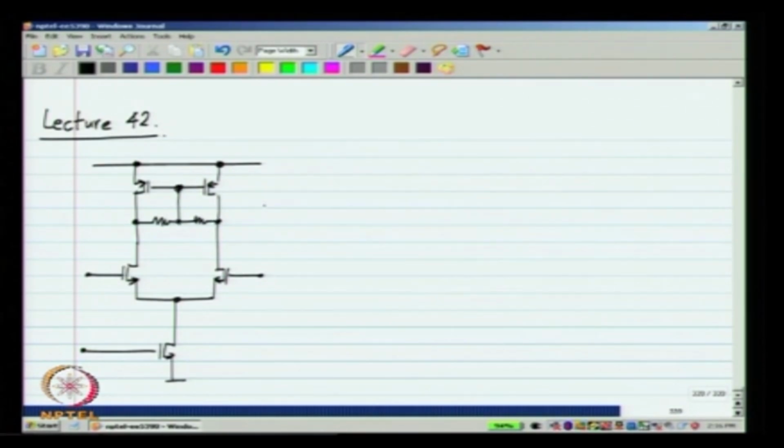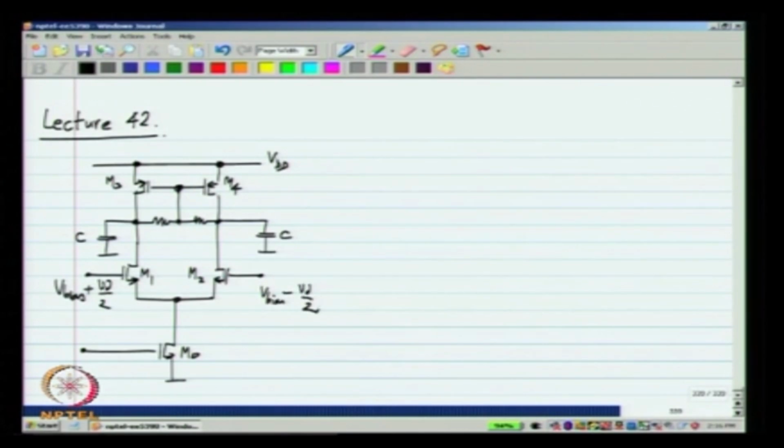I mean, this part is the transconductor, and when loaded by capacitors, it becomes an op amp. These two resistors are the common mode feedback detector.